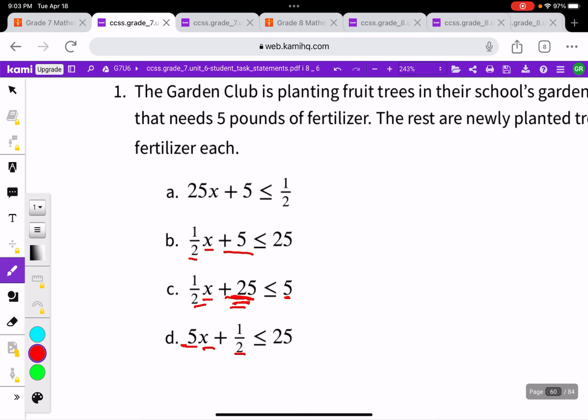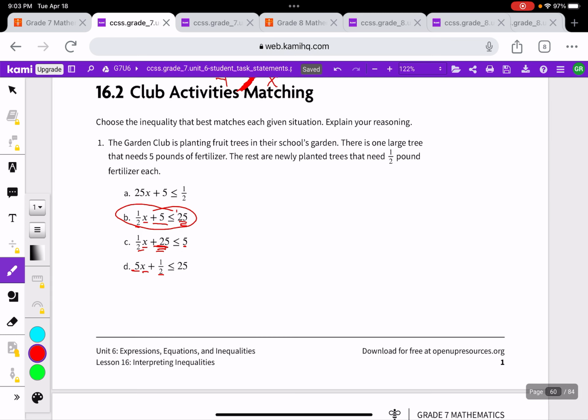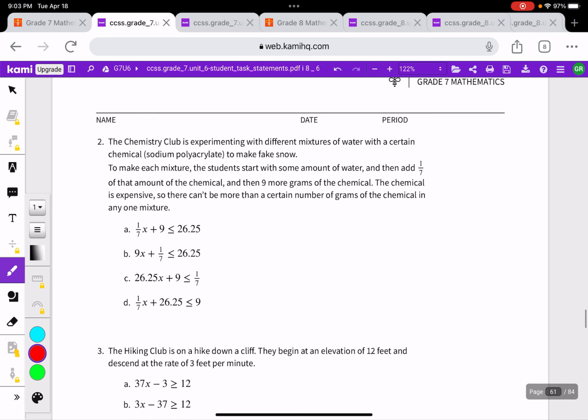It's not really a half, but it's a half times however many trees. So, by process of elimination, that must be the correct answer. The issue is what's that 25 mean? We'll get to that. We're going to have to interpret that. But for now, that's all we had to do, is just select which one is the best.